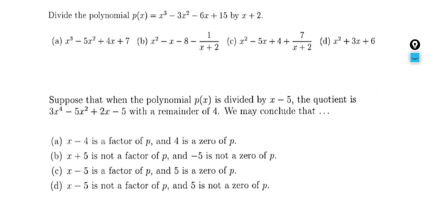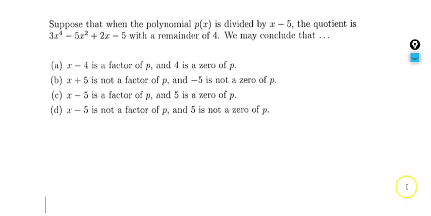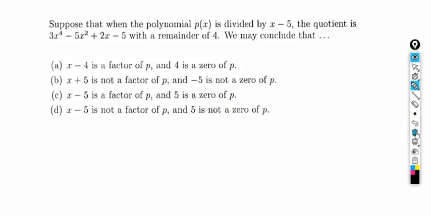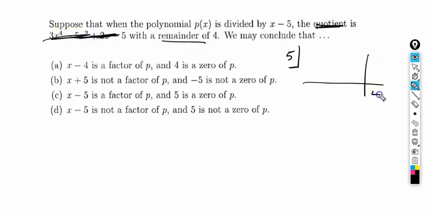All right, so here P of x is divided by x minus 5. So if I'm going to set this up for synthetic division, it's x minus the number in the box. We don't care what the quotient is, but we do care what the remainder is.